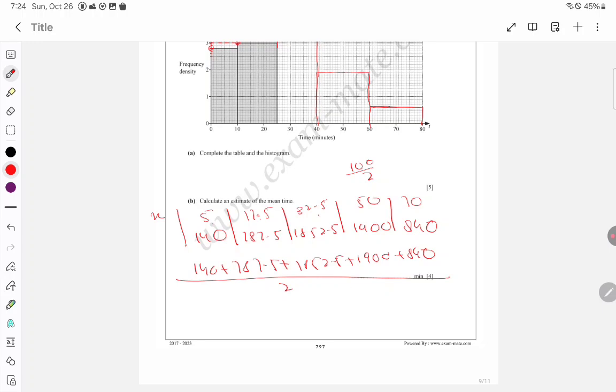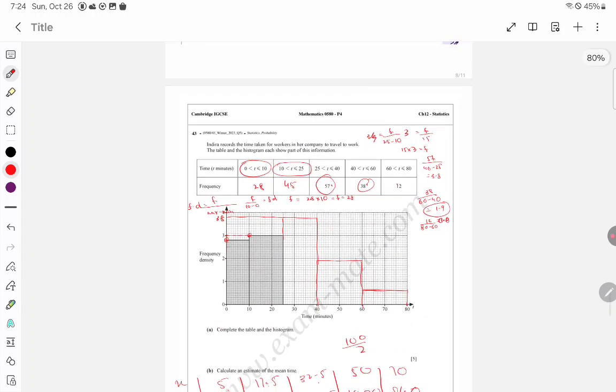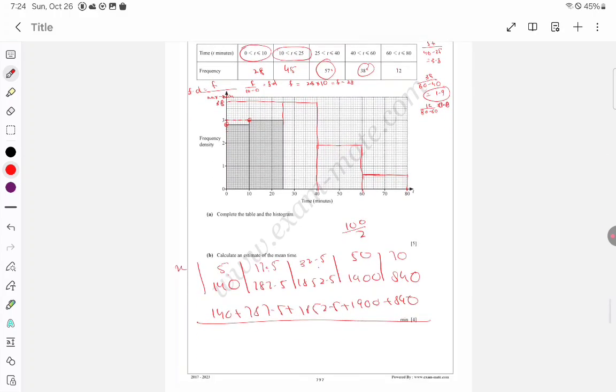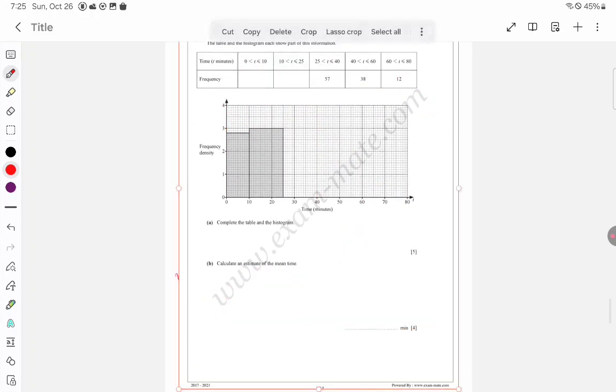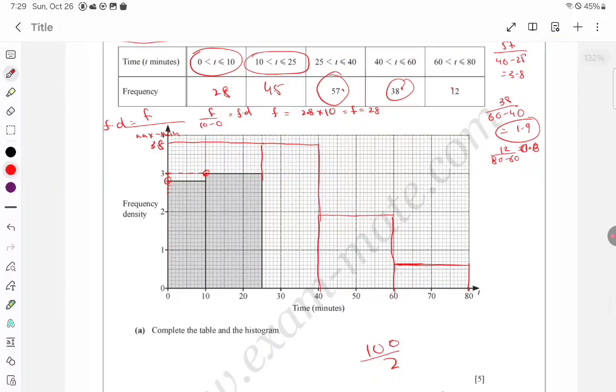Divide by the total number. Since the total is not given in the question, what we can do is simply add the frequencies: 28 plus 45 plus 57 plus 38 plus 12 will give you the value of 180.